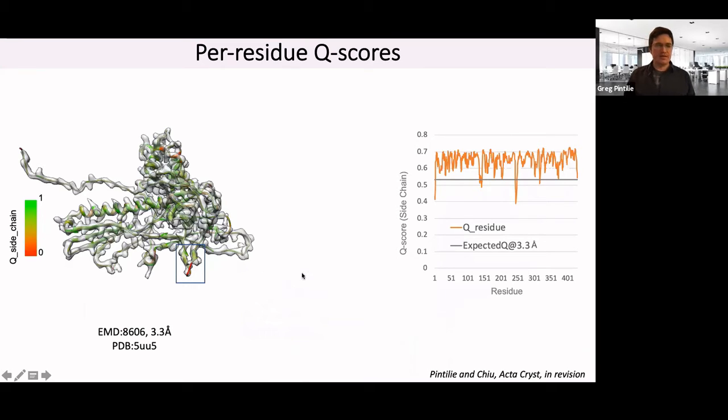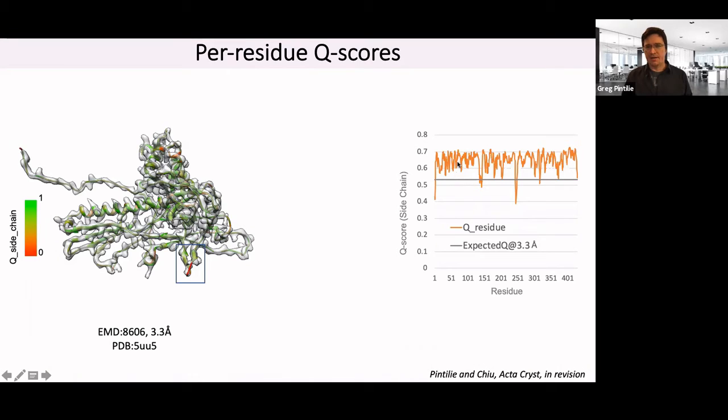So here's another example of applying per-residue Q-scores to a map and a model. What we started to do, and we think it's pretty useful, is to plot these Q-scores as a function of residue. And we also plot what the expected Q-score is for a certain resolution, and that's this gray bar that we see here.